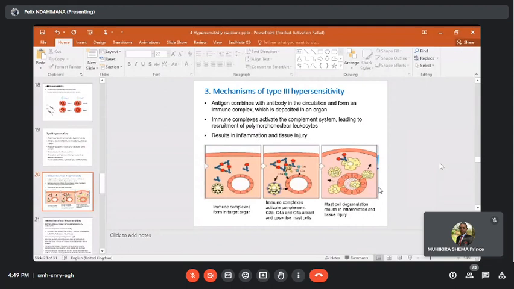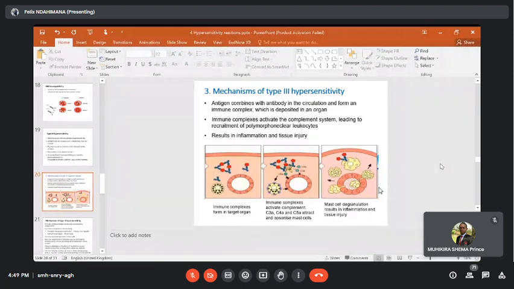This is just a full explanation of type 3 hypersensitivity, whereby this immune complex, which is made in circulation, can deposit somewhere, and then there will be recruitment of a lot of white blood cells, and those white blood cells are the ones that will cause tissue injury.